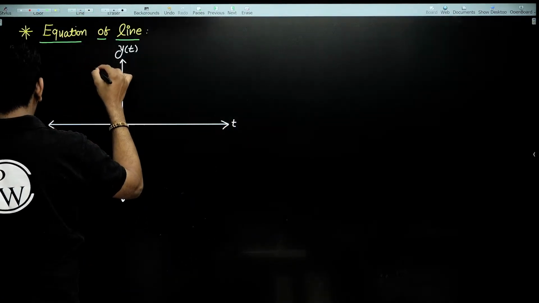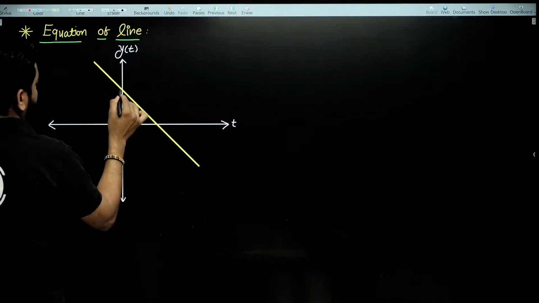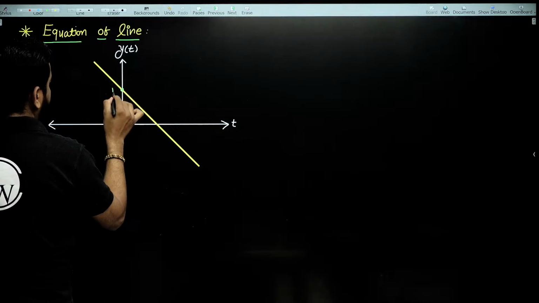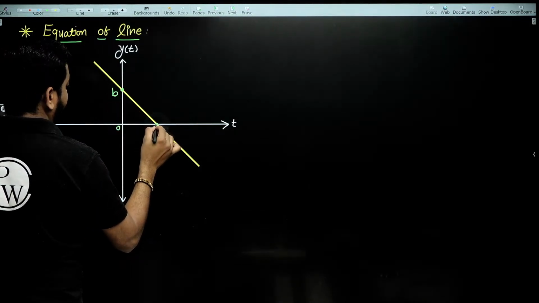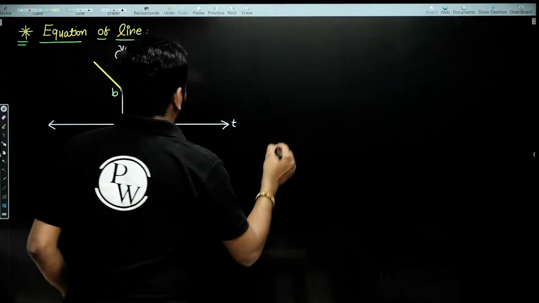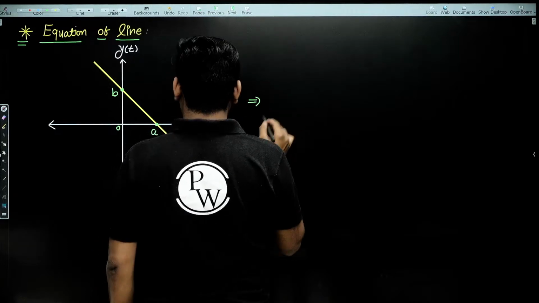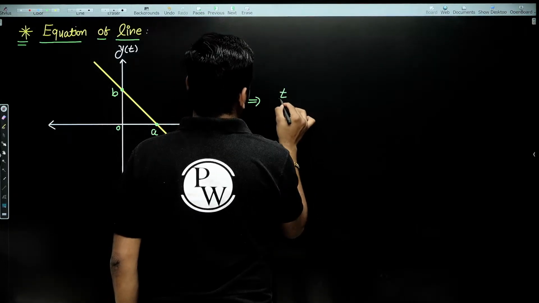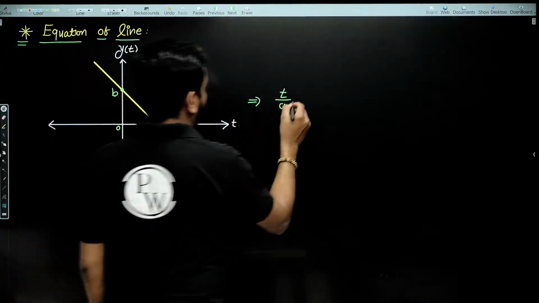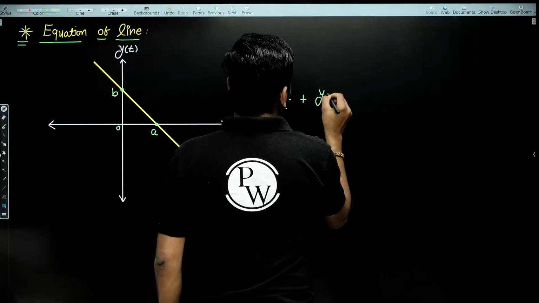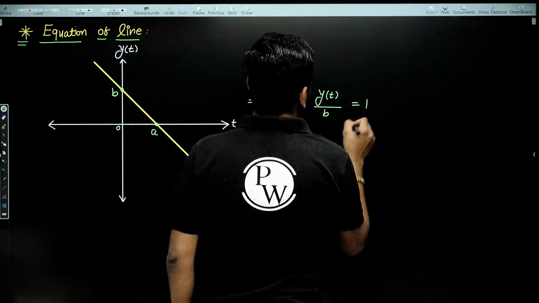Suppose this is the line. The intersection of the line with y-axis is suppose B, and intersection of this line with x-axis is A. Then the equation of line is nothing but what? x by A, that is t by A, plus y by B, that is y of t divided by B, equal to 1.